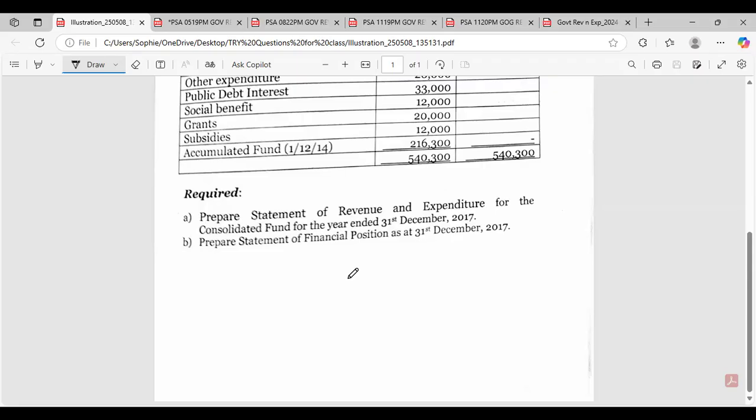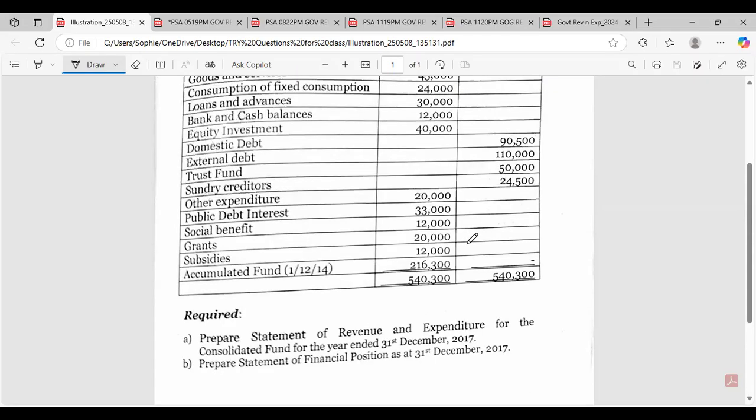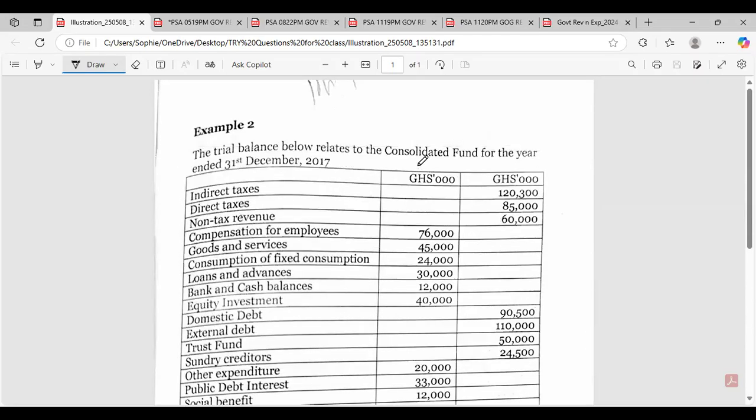So when you have a question like this in the exams, what gets some students confused is that they've presented it like a trial balance, with debits and credits.